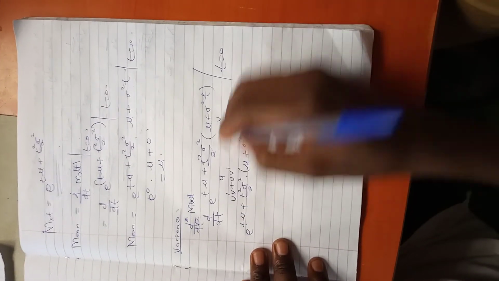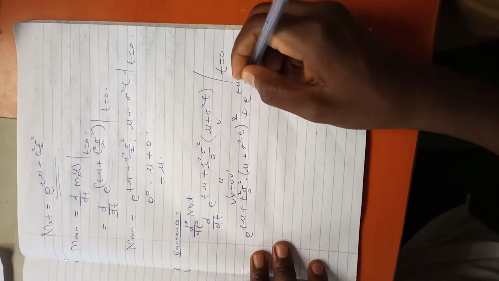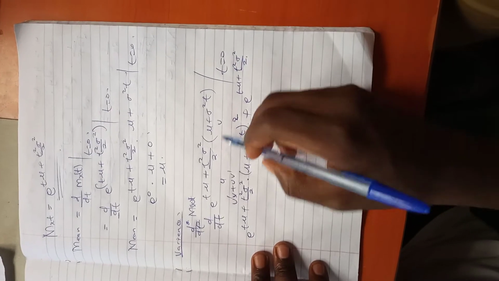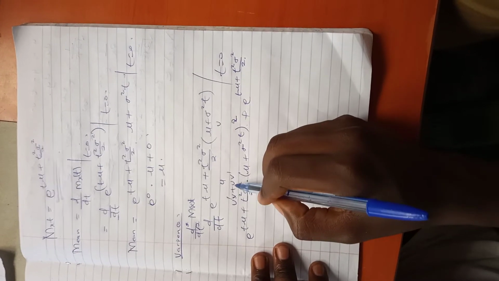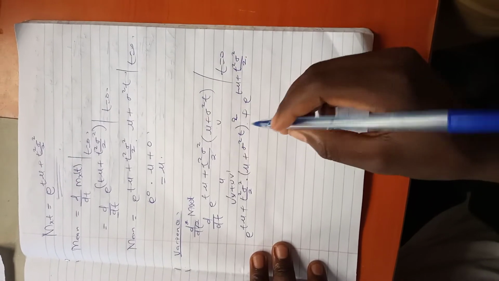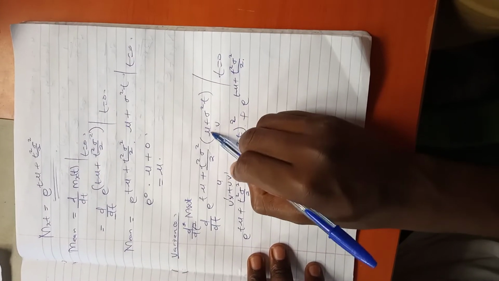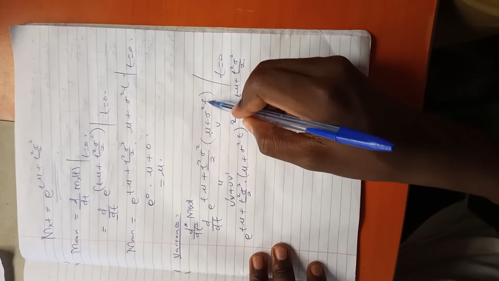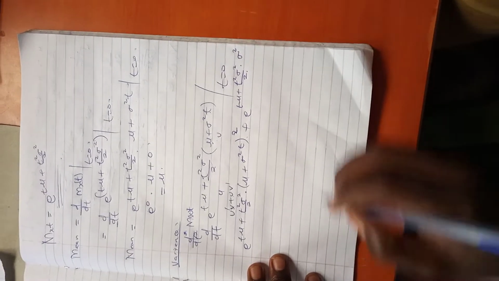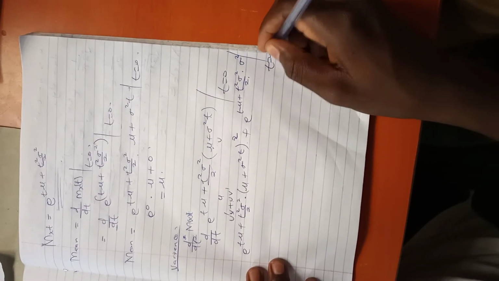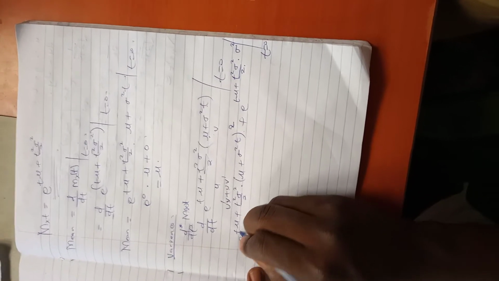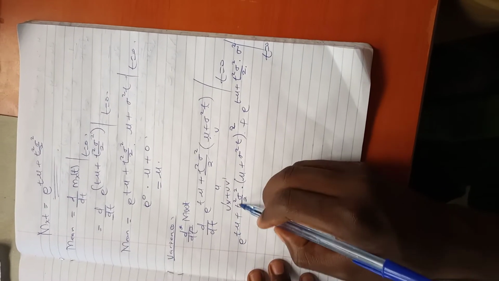Then plus uv'. So u is e^(tμ + t²σ²/2) times v'. By differentiating, because the derivative of μ is 0 since it is a constant, and that of t is 1, I'll have σ², and at this particular point t must be 0. So when I replace t with 0, this is 0 times μ, which is 0, and this is also plus 0.